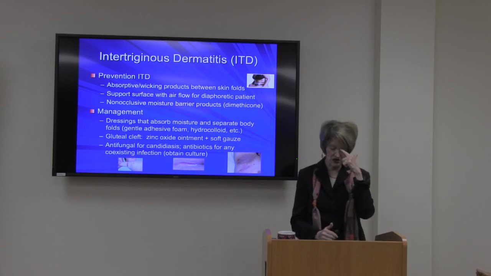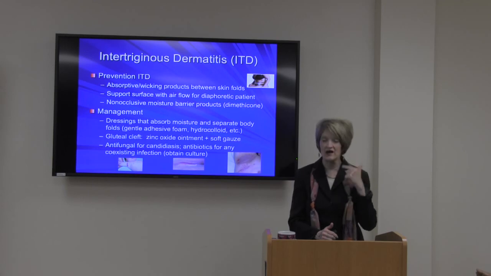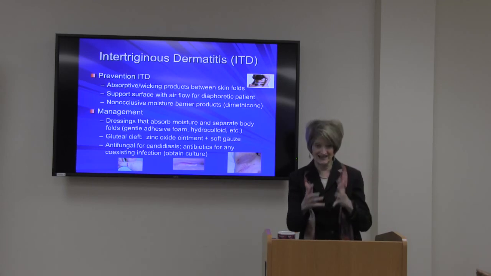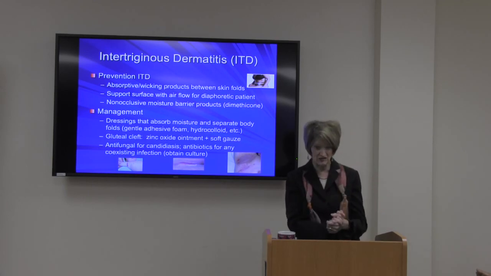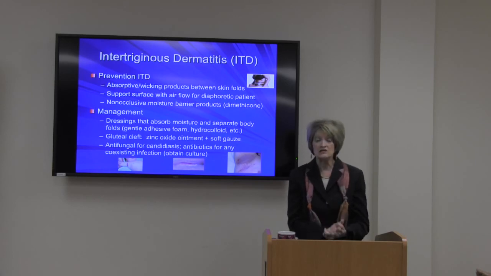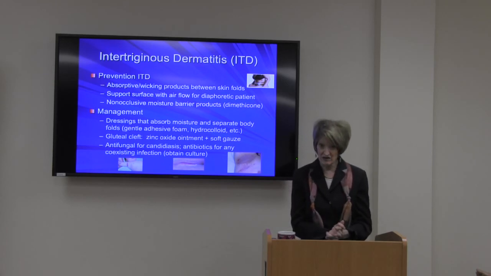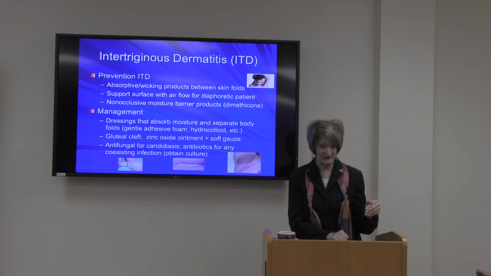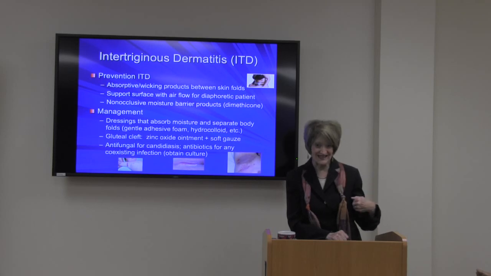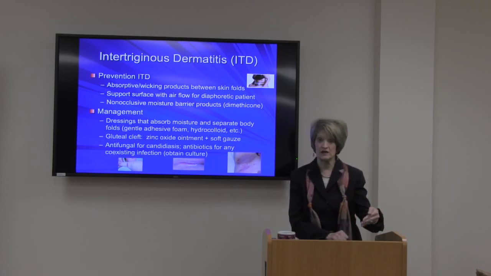If you have a patient who is also incontinent, so they're both diaphoretic and incontinent, and you need to use a moisture barrier, use a moisture barrier with dimethicone so you're not trapping moisture. Because remember, with ITD, the moisture source is internal, coming from the skin out. With IAD, the moisture source is external, urine and stool.